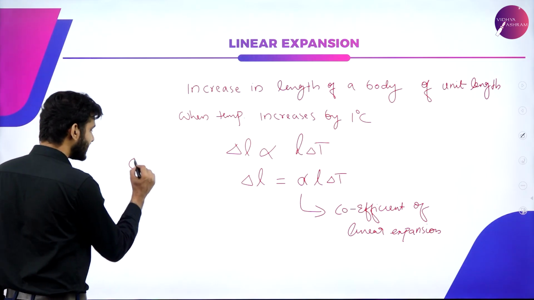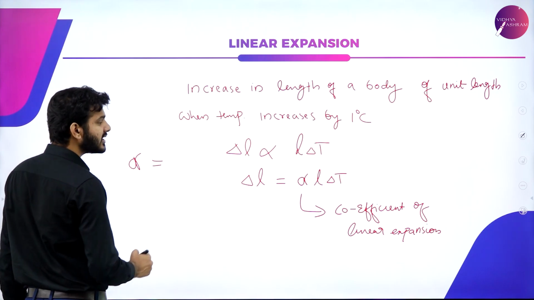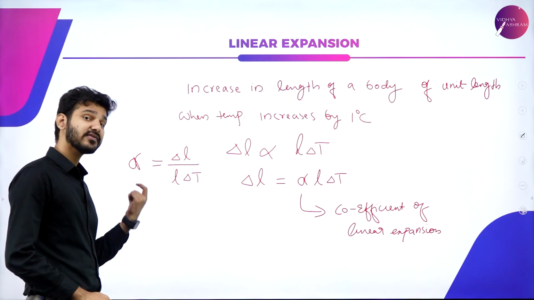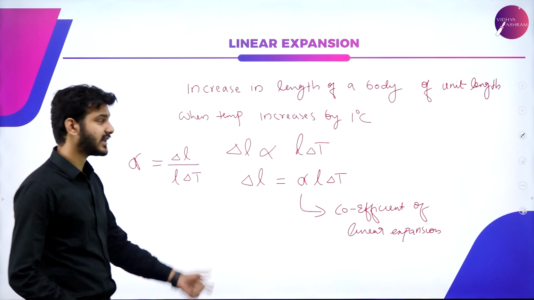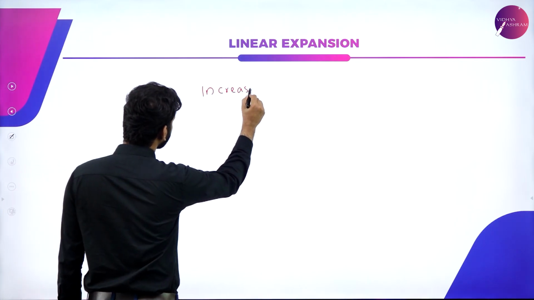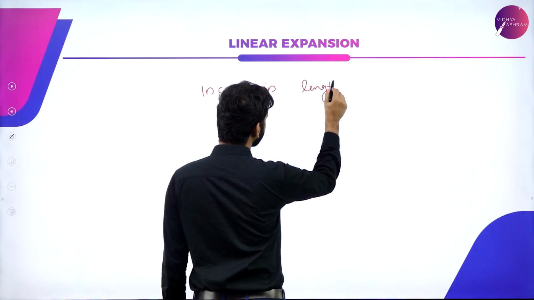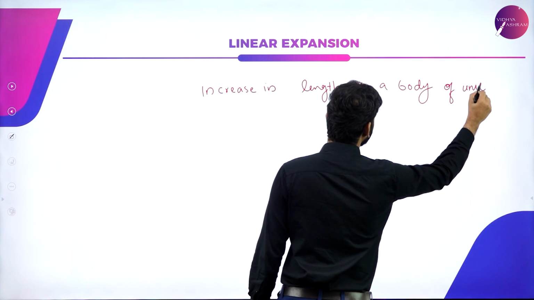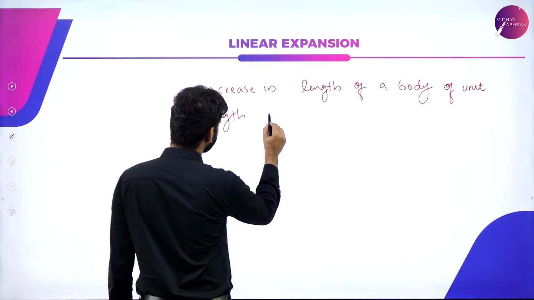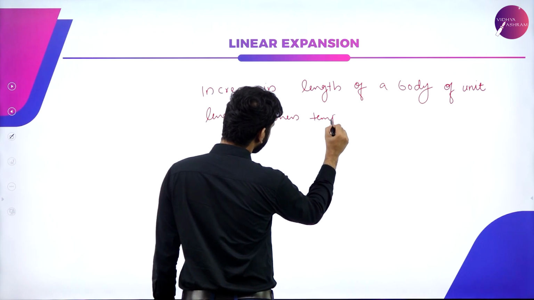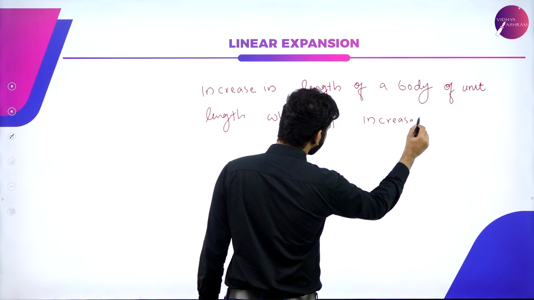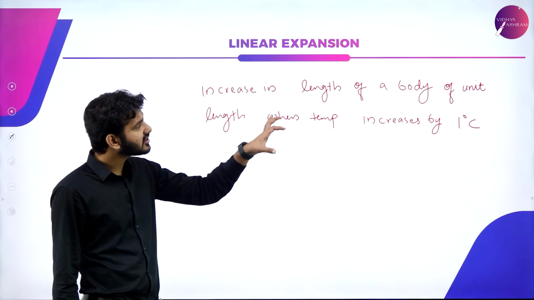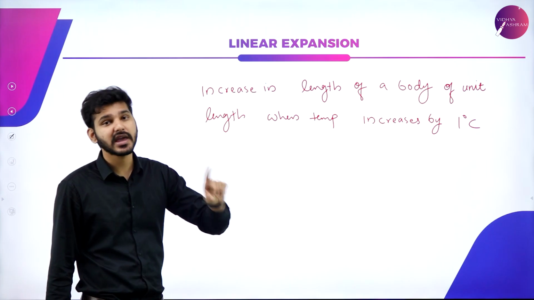And if you want a relation just in terms of alpha, you can say that alpha is equal to delta L divided by L delta T. So we can define alpha as the increase in length of a body of unit length when temperature increases by 1 degree Celsius.